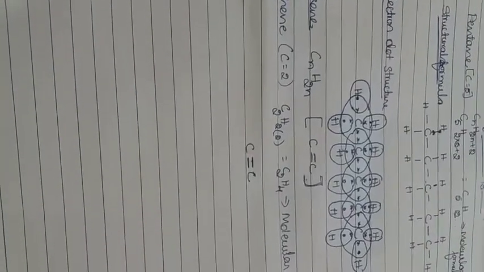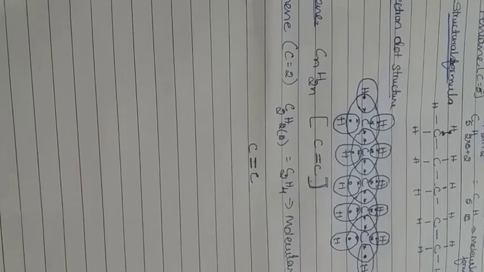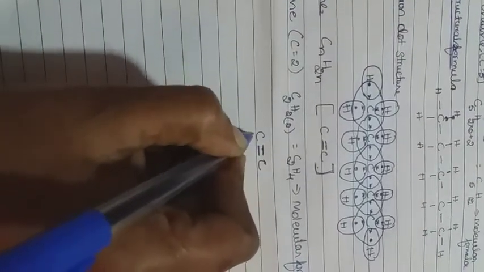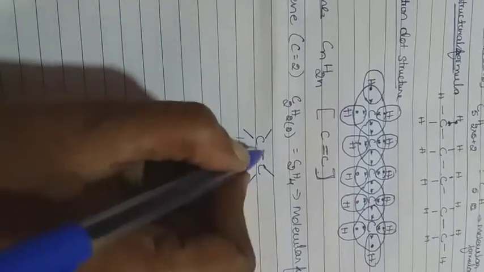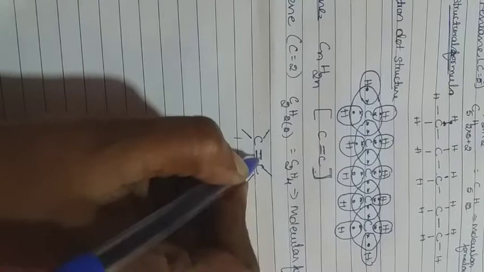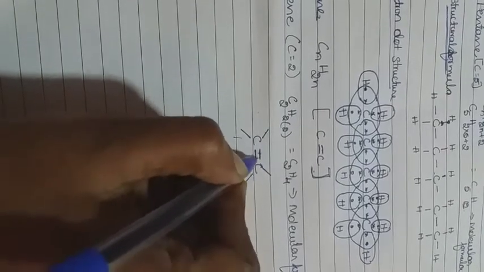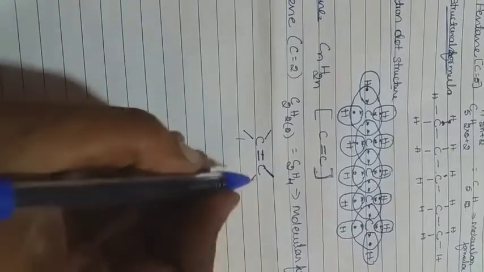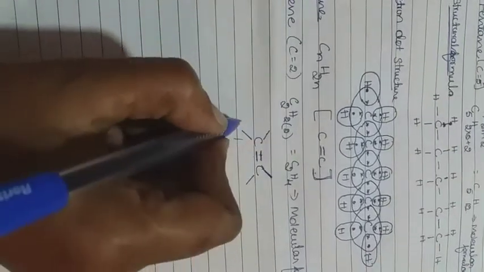For the remaining, next we have to take that. Or for a good look I am taking like that: 1 2 3 4, 1 2 3 4. Around this carbon atom 4 bonds are there, and around this carbon atom 4 bonds are there. Each bond represents carbon having 4 valency electrons.